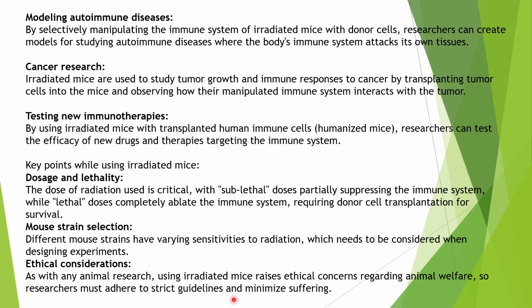Then modeling autoimmune diseases. So the autoimmune diseases are when the body's own immune cells attack self cells or self tissues. So always, when the immune cells are matured or proliferated or activated, there is elimination or selection, so that your body can recognize your cells but it should not attack your own cells. So that is how your immune system is developed.